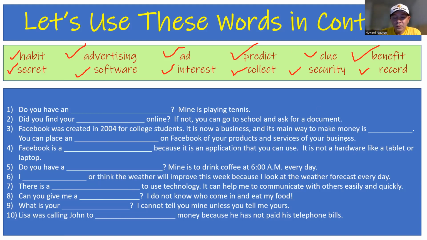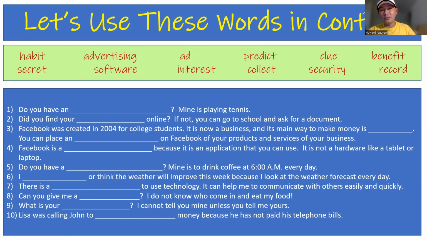So these are the 12 words. Use them. 2 of the words you might not use. So figure them out to see which word goes here. I will give you a couple minutes, or you can pause the video and figure that out.